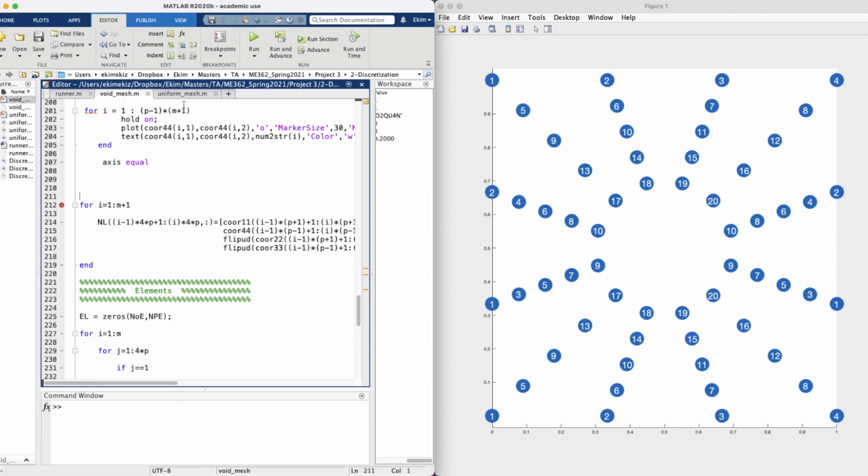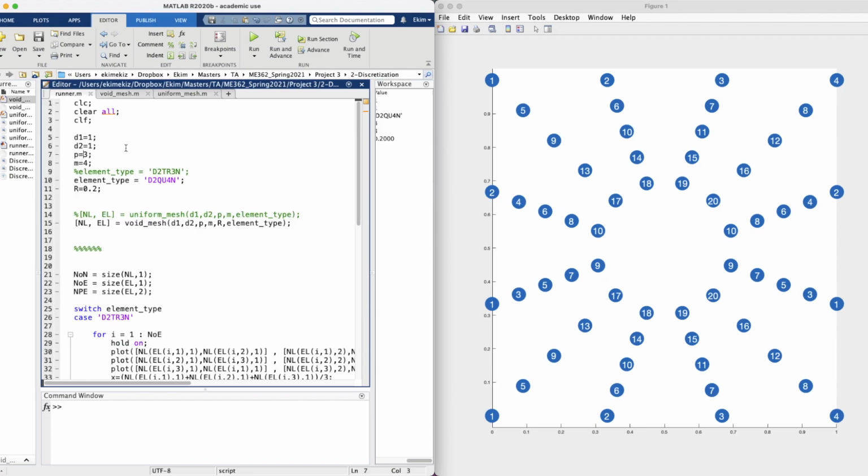Let me actually plot it for you. But first, see that if you think of this as a uniform mesh, it would have m increments along its height and p times 4 increments along its width, right? Because we have 4 regions. So let's actually run that.